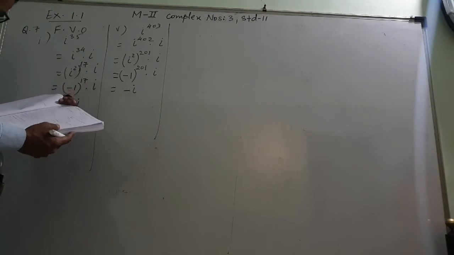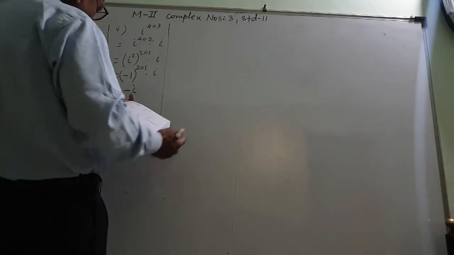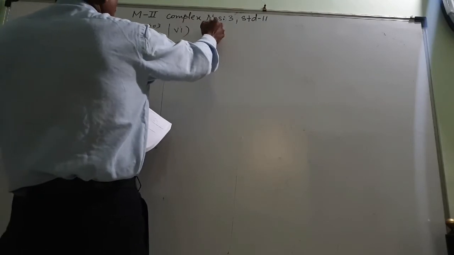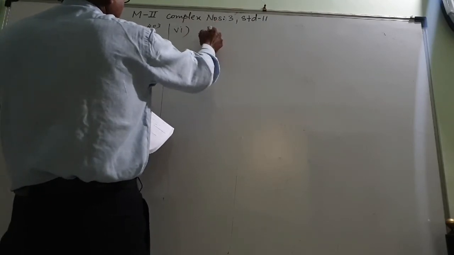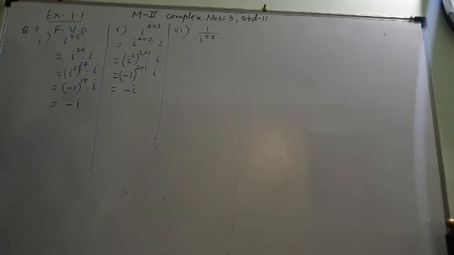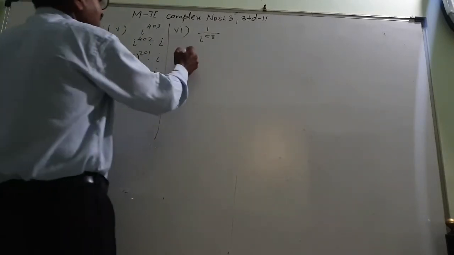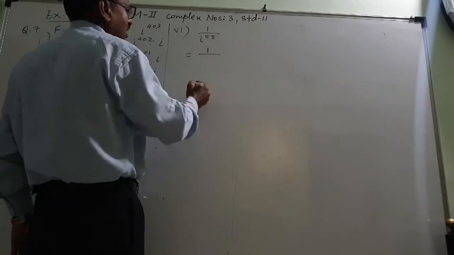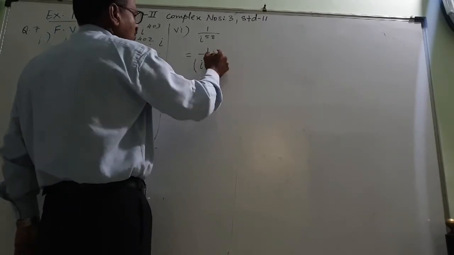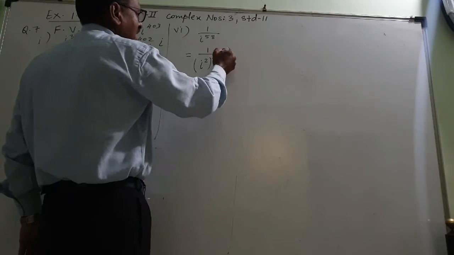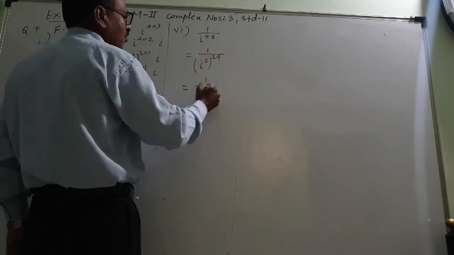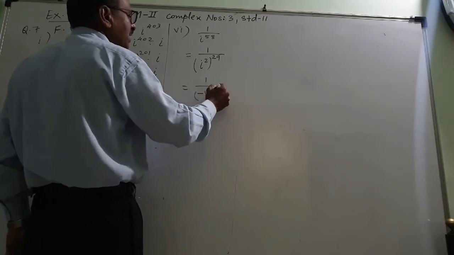Now I'll go for the next sum. 1 upon i raised to 58. So this also I will simplify first. That is equal to 1 upon i square raised to 29, 2 29s are 58. That is equal to 1 upon minus 1 raised to 29.